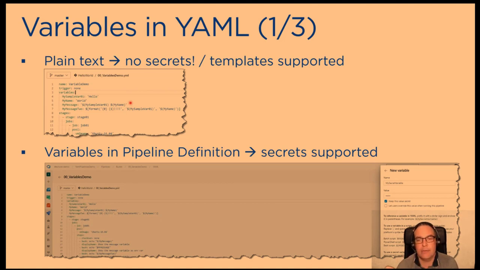So I can simply compose variables based on other variables. And I'm also able to use expressions. Like here, I'm calling a function which is provided by Azure DevOps. Here, I'm doing a string format to do the same thing as the one above. But you can also have if statements in it.